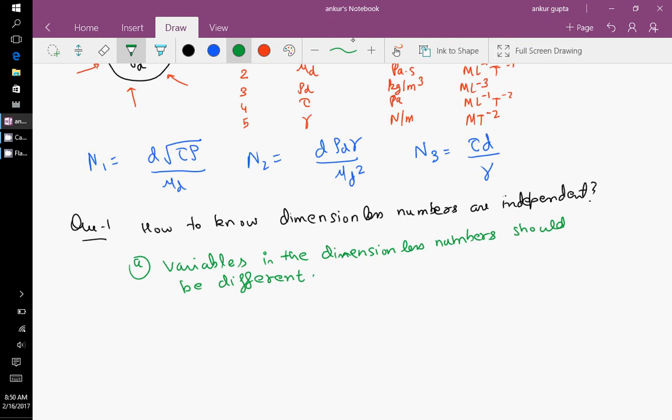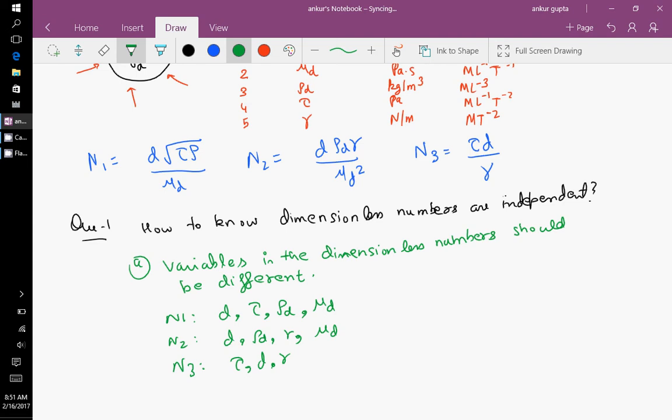Okay, so for instance, let us look at the variables in n1. In n1, the variables are d, tau, rho d, and mu d. In n2, the variables are d, rho d, gamma, and mu d. And in n3, the variables are tau, d, and gamma.